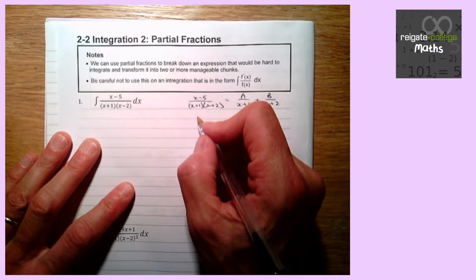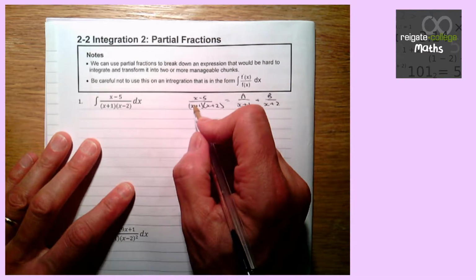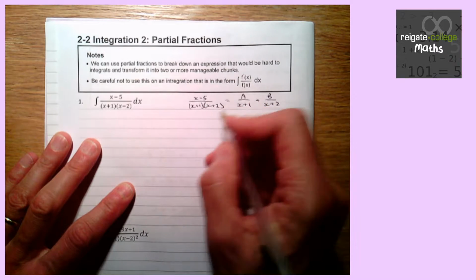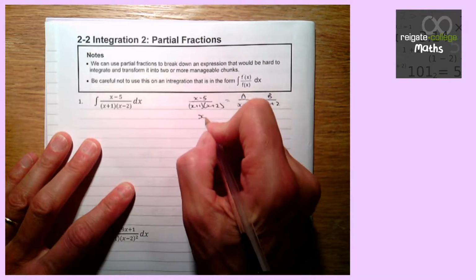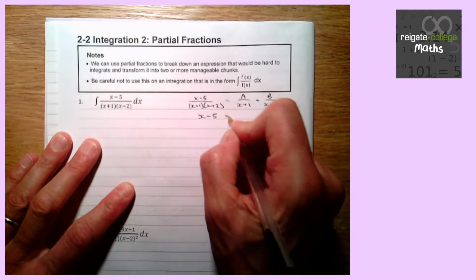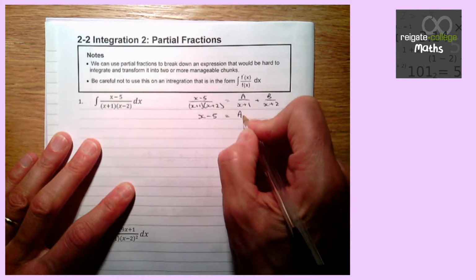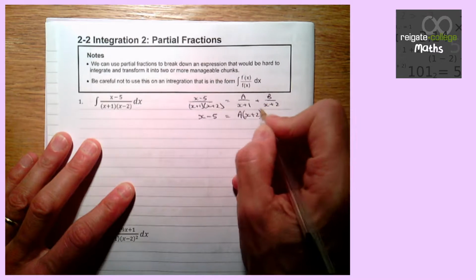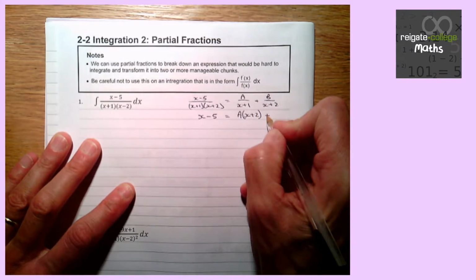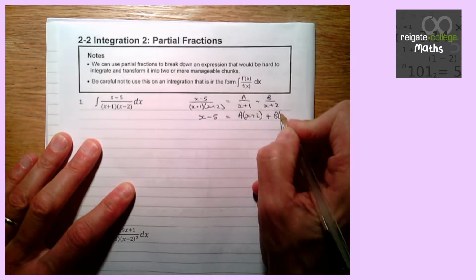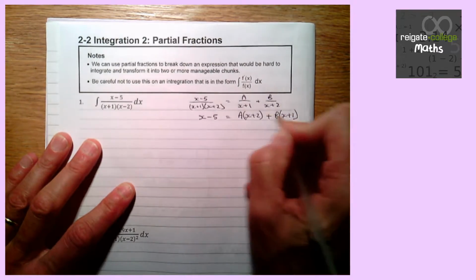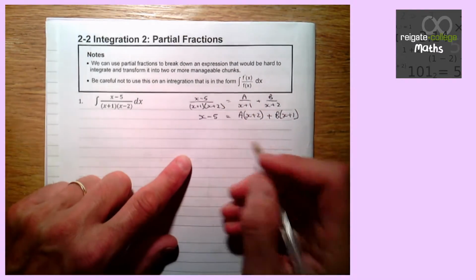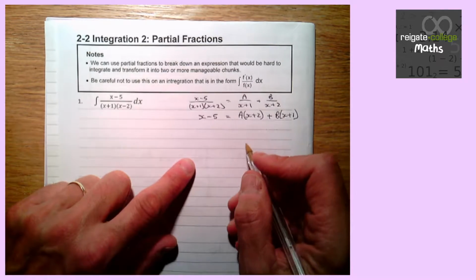Then I'm going to multiply through by both factors on the denominator, so that I get on the left hand side x minus 5 is equal to, on the right hand side, a times x plus 2, so that's the denominator of the b part, plus b times x plus 1, so that's the denominator of the a part.